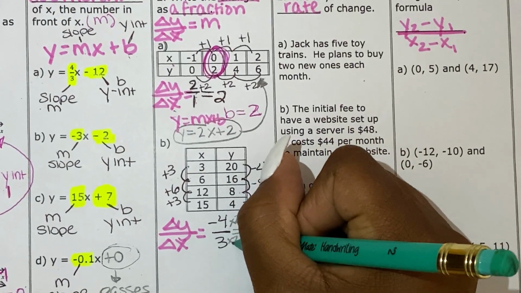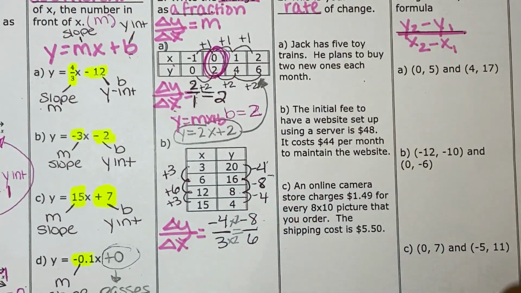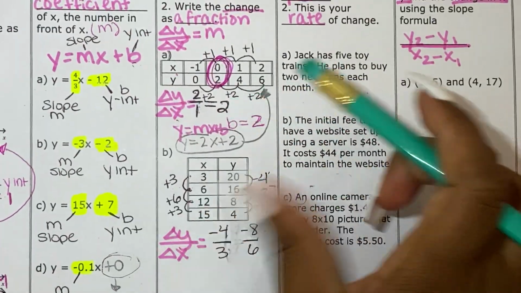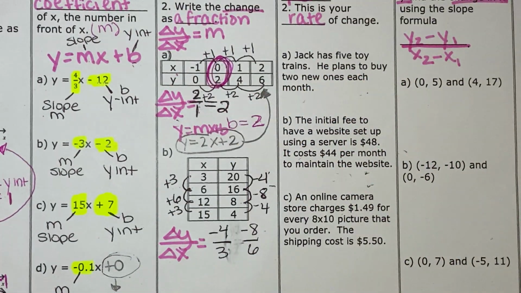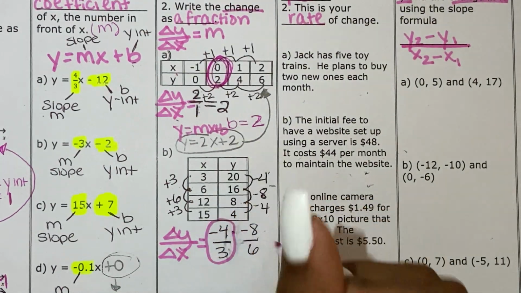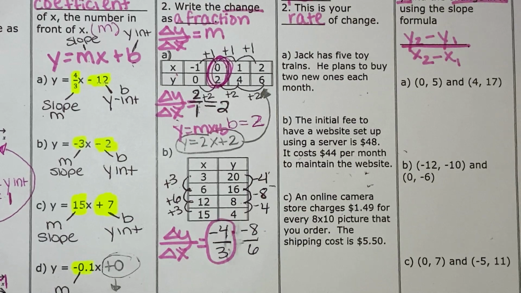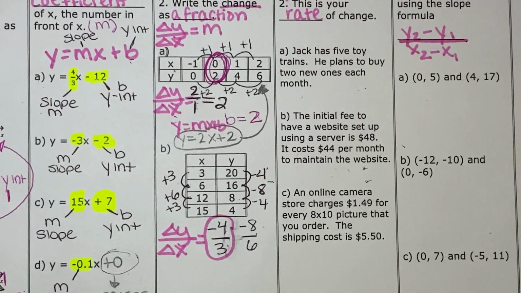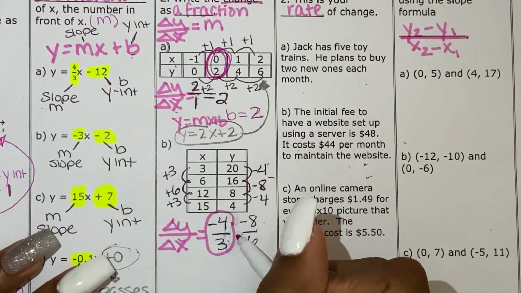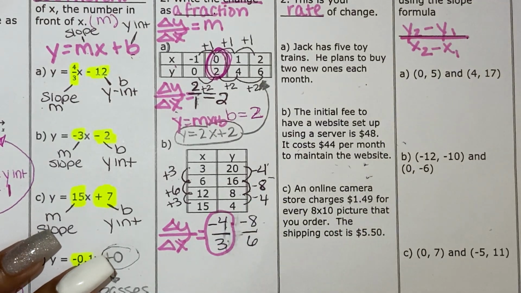If I do 3 times 2, I get 6. Okay? So they are proportional, they are the same. But remember, you want your slope in simplest form, and that is your simplest form. So your change in y over change in x would be -4 over 3, or -4/3.